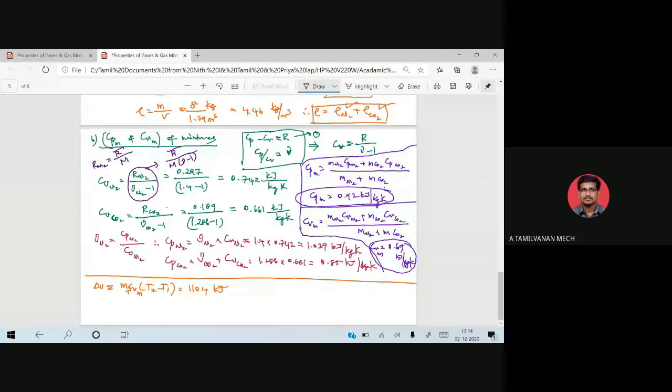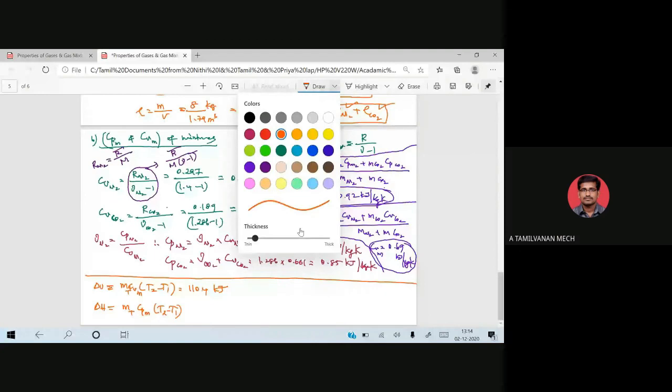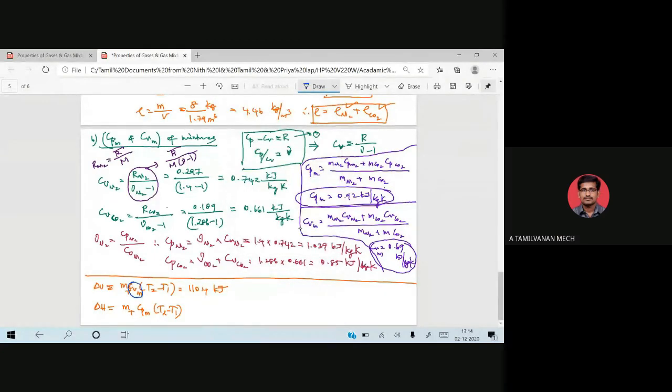Next is delta H. The change in enthalpy, delta H, is equal to the total mass times the specific heat at constant pressure of the mixture times the temperature difference. Here you must substitute the values of Cv and Cp of the mixture carefully.